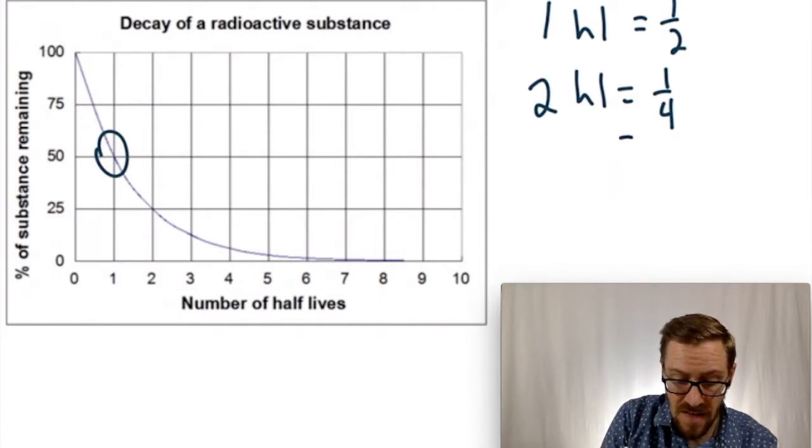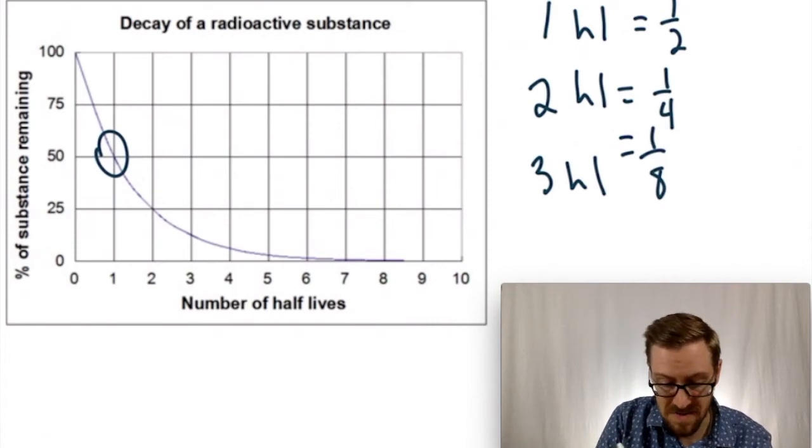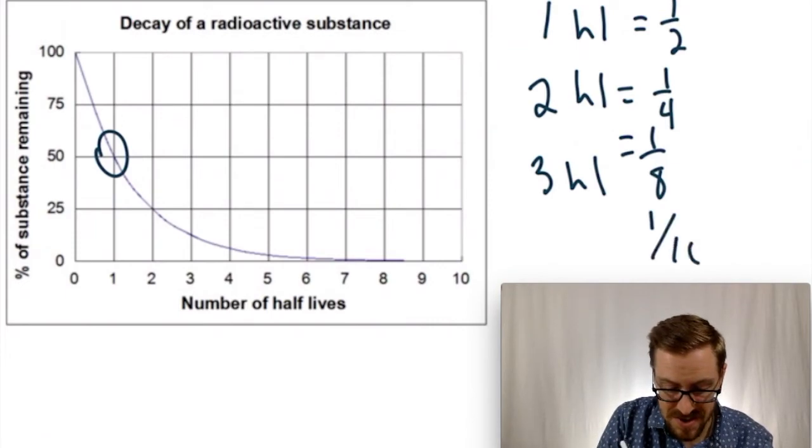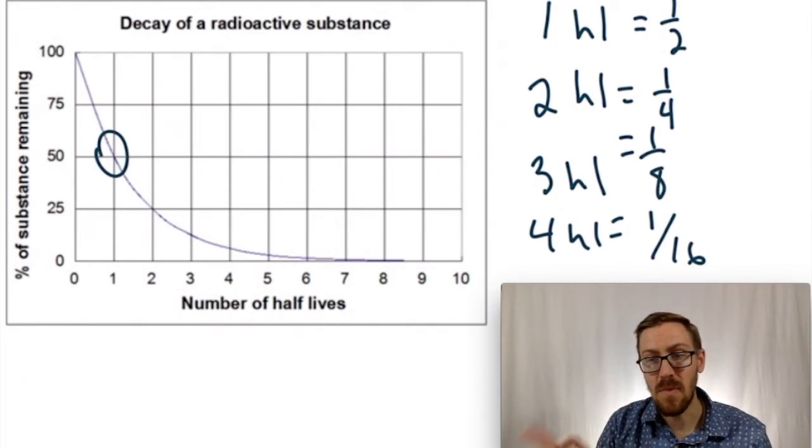After another half-life, so another 5,000 years goes by, then you're down to 1/8. That's 3 half-lives. And then if one more goes by, you're down to 1/16. You're down to 4 half-lives. Scientists could probably keep going a little bit from that, but that's where we're going to stop. So 1 half-life is 1/2 of your atoms left.